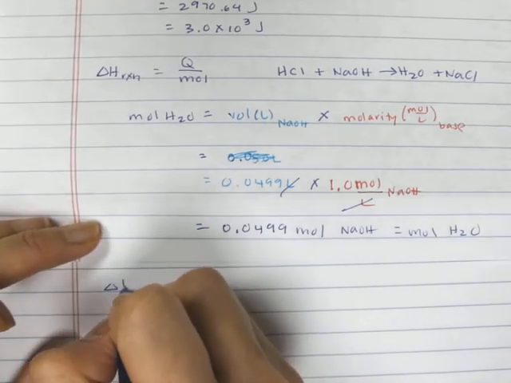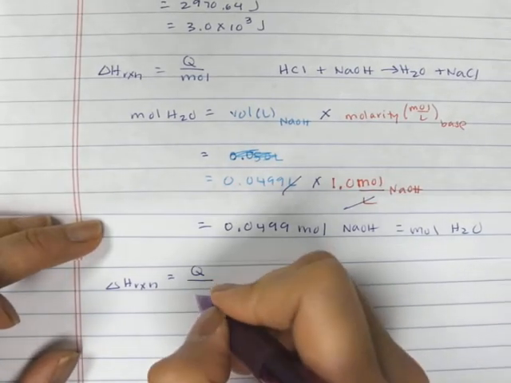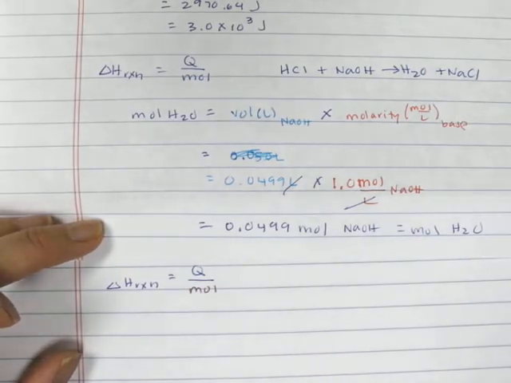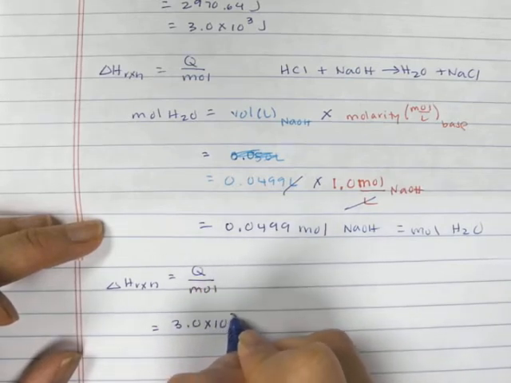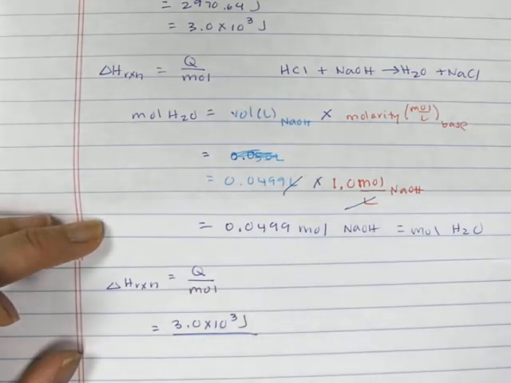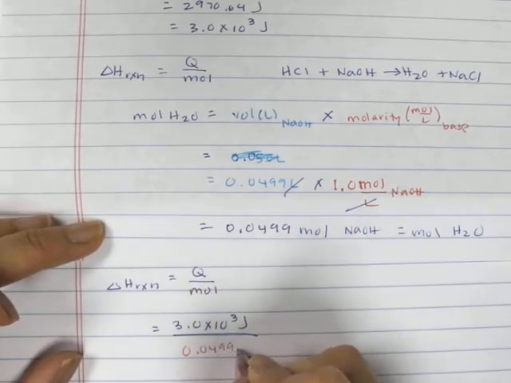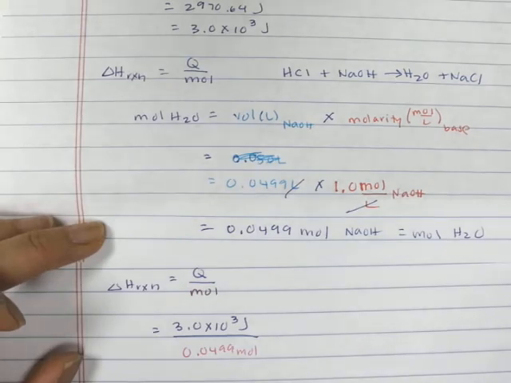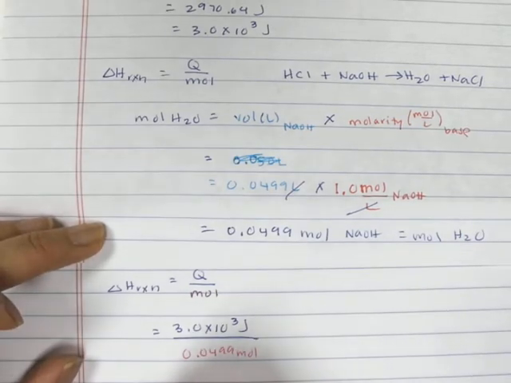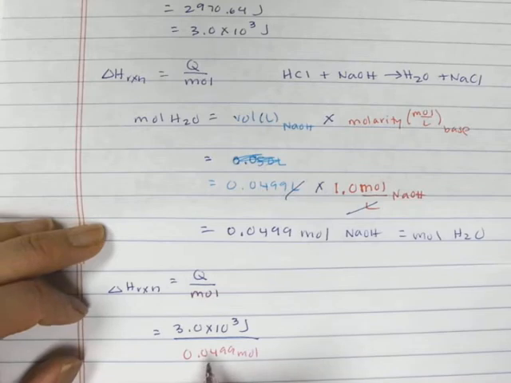So to get our delta H reaction, that equals Q over moles, and our Q was 3.0 times 10 to the third joules over 0.0499 moles. That gives about 6.0 times 10 to the fourth joules per mole, and we have two significant figures.